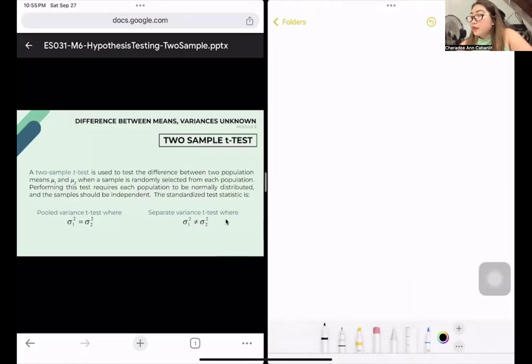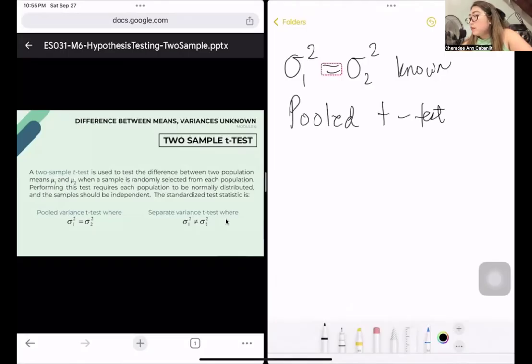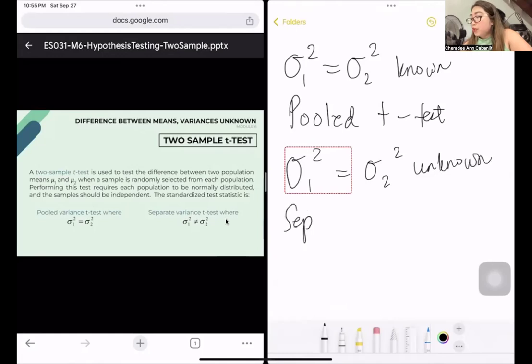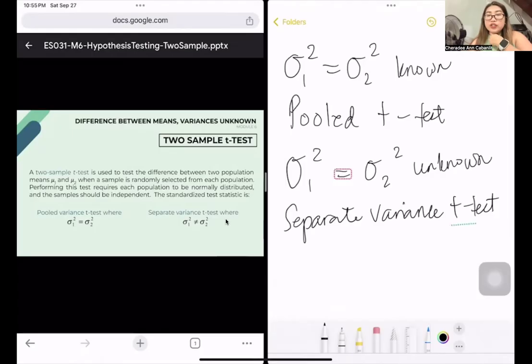So we have two types. If the variances are known, we use the pooled t-test. However, if the variances are unknown, we use the separate variance t-test. So what changes here is actually just the computed value of t, no?